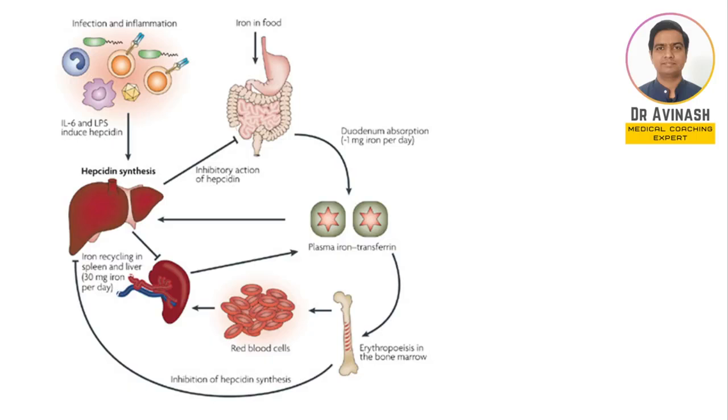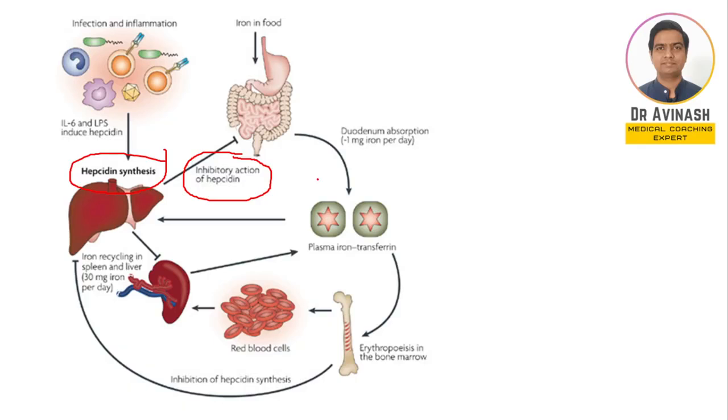It's kind of recycling happening here. Only when there is excessive iron in the blood, hepcidin synthesis starts and it inhibits the duodenum from absorbing iron.